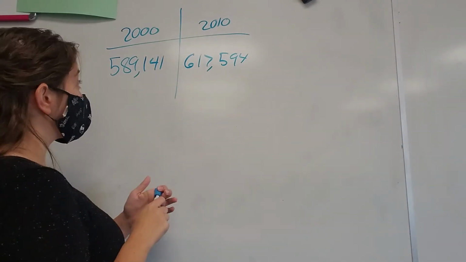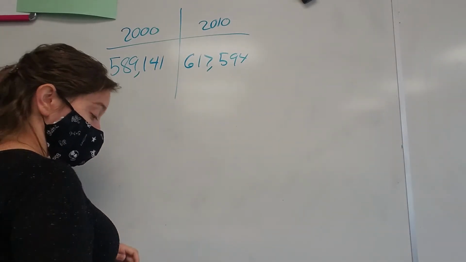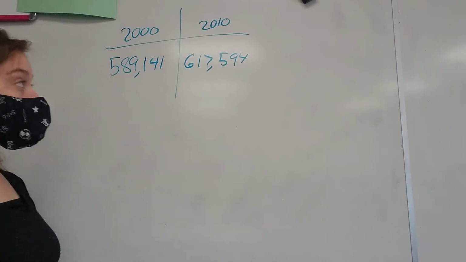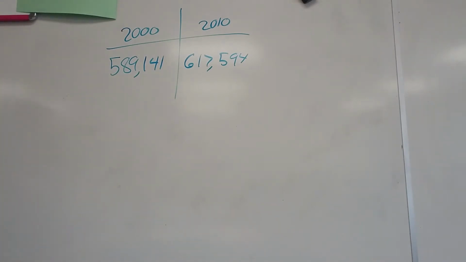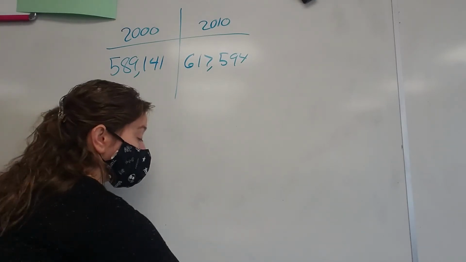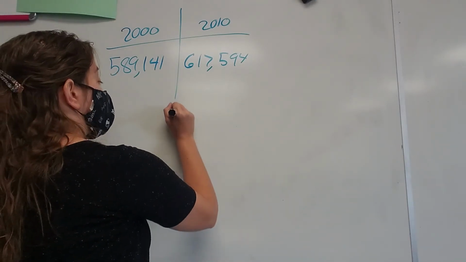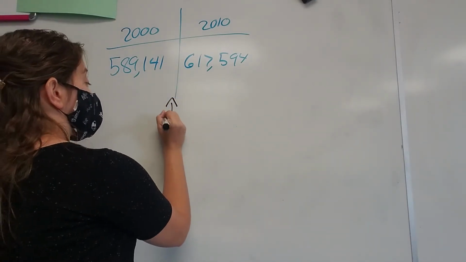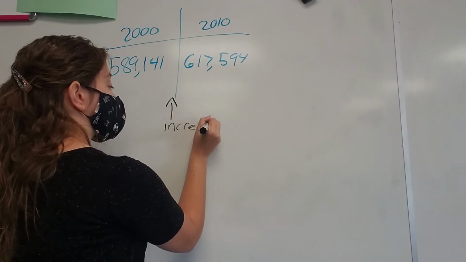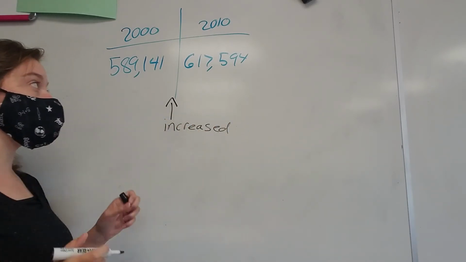Yes. All right. So now we are looking and seeing, did our number increase? So did it go up, or did it decrease and go down? Who can tell me? Ben? It increased. It went up, right? It increased. So you need to write increased on your line.